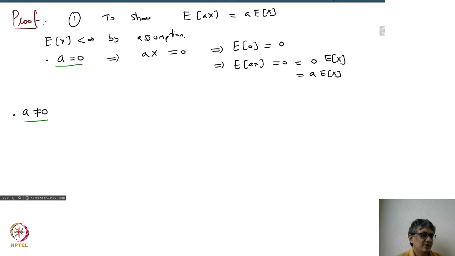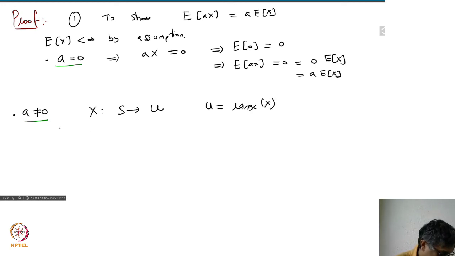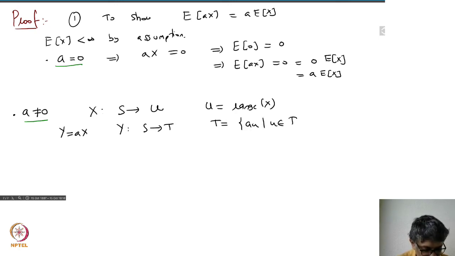So a is not 0, then X is a function from S to some set, let's say U, the range of X. What will aX be? Let's say Y is equal to a times X. Y maps from S to T, where T is again the set of all a times u, such that u is in the range of X. And now it's a simple idea.